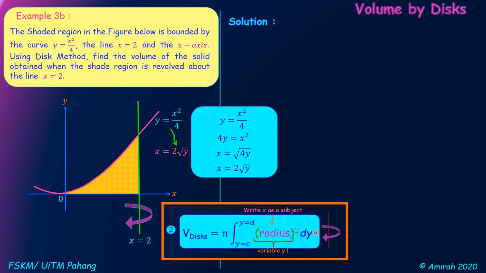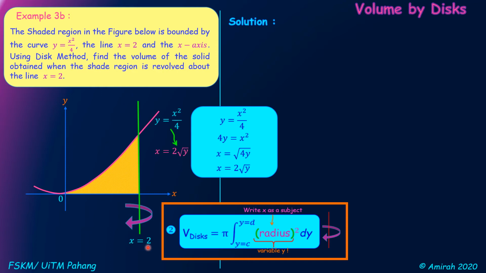And when we use integration with respect to y, we need to use lower and upper limits on the y-axis. So now we have y equals 0 for the lower limit. Then we need to find the upper limit on the y-axis. To find it, we substitute x equals 2 here.